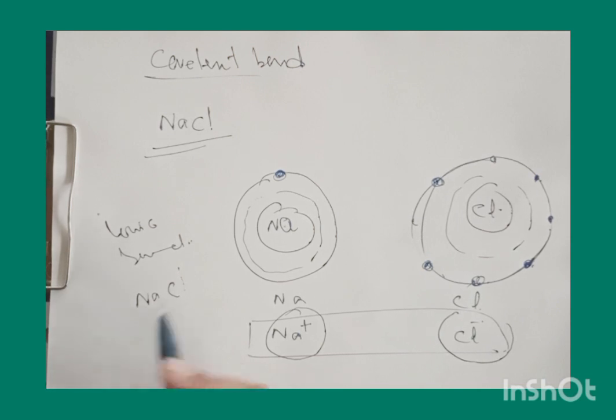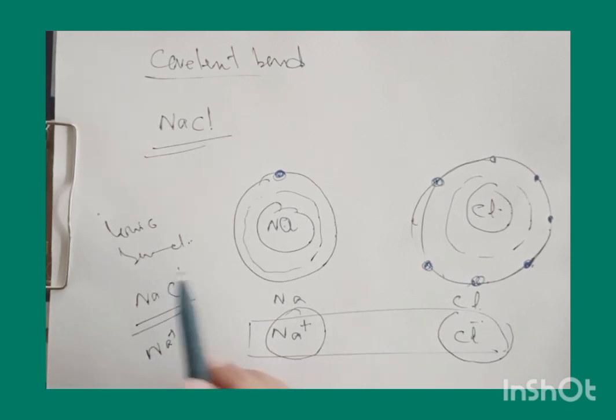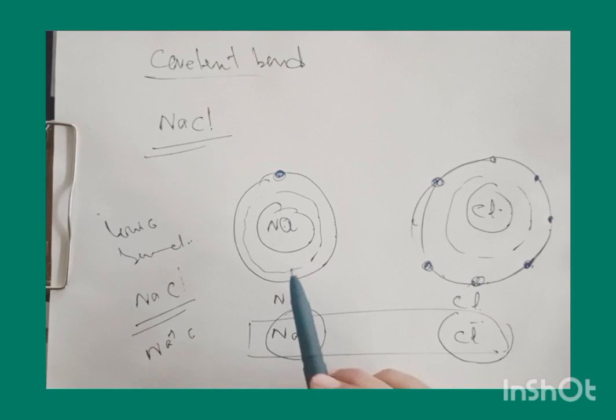And if we have molten NaCl, it also consists of Na positive and Cl negative ions, and these ions form molecules rather than crystals only in the gaseous state. So ionic bond is a result of stabilizing the energies of the two atoms.